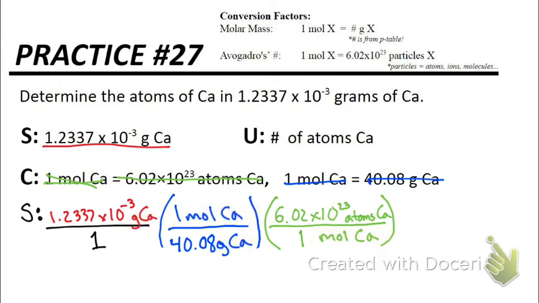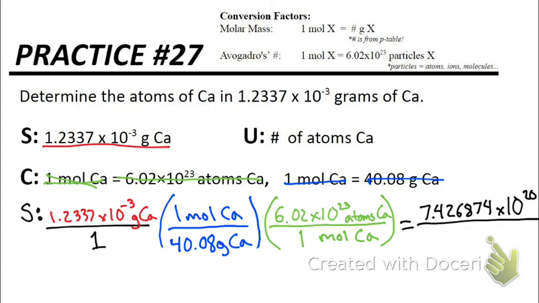Exactly what I'm trying to find. So how we're going to do this is multiply across the top to get a new numerator and multiply across the bottom to get a new denominator. I plugged in 1.2337 times 10 to the negative third times 1 times 6.02 times 10 to the 23rd, and I ended up getting 7.4268874 times 10 to the 20th power.